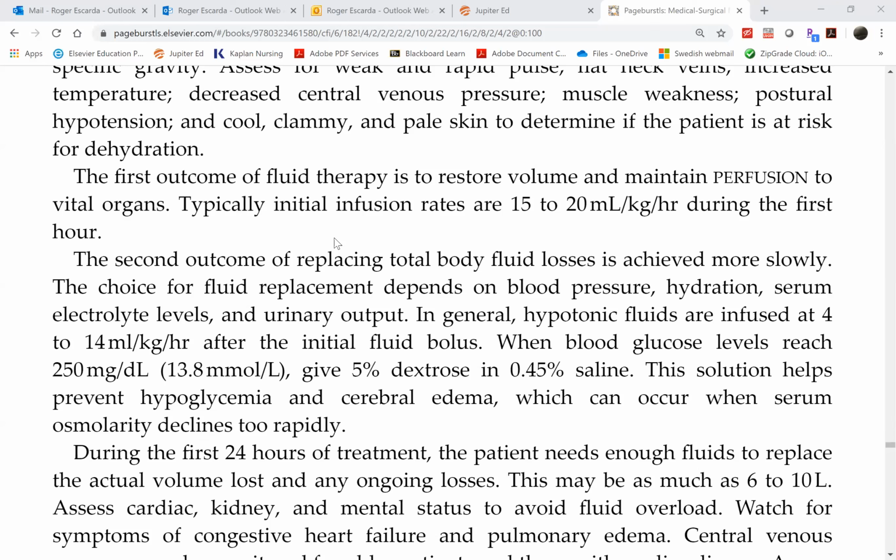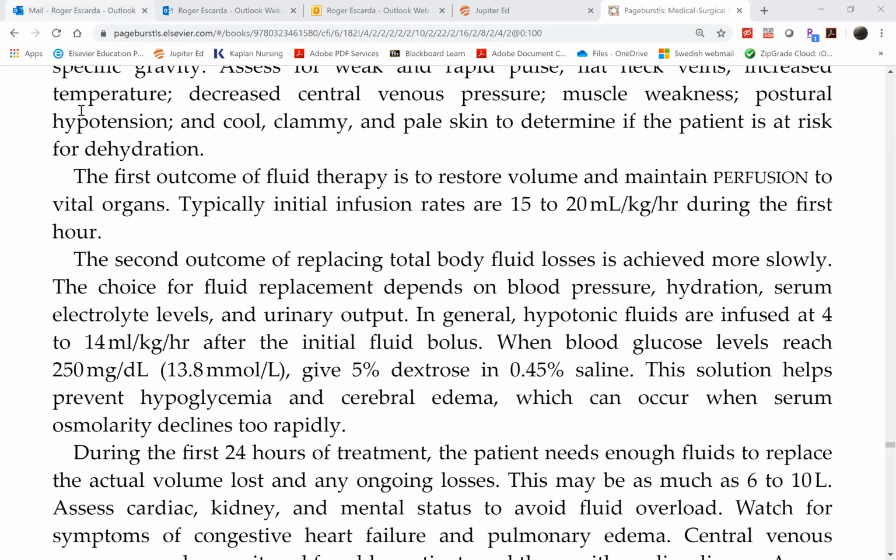This solution helps prevent hypoglycemia and cerebral edema, which can occur when serum osmolarity declines too rapidly. Okay, so let's review. Patient comes in, you gave oxygen, you have IV access, you hang 1 liter of normal saline. So it could be 1 to 1.5 liters, again, depending on the patient's weight.